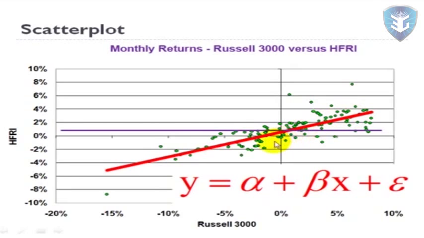How did that line get generated? Well, typically by ordinary least squares methods. If we take one of these observations, like this observation right here, and look at the distance from that observation to the regression line, we take that distance and square it, and then do the same for this next observation and for each of these observations.